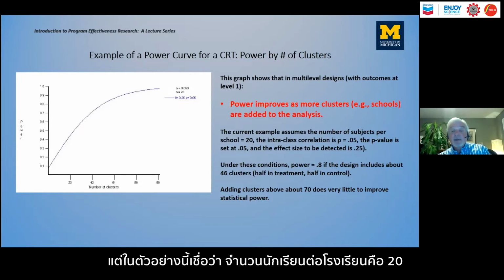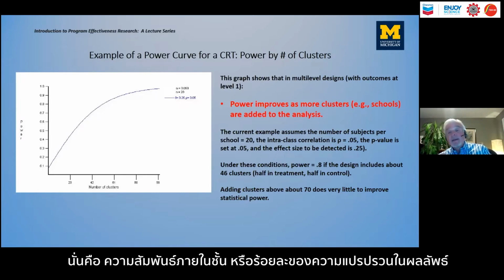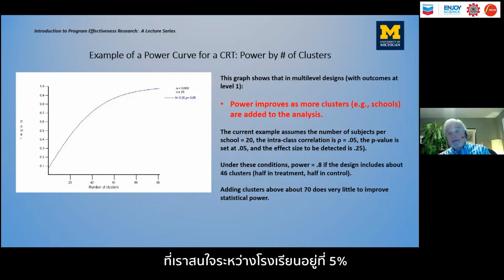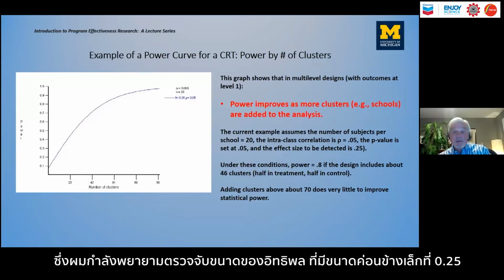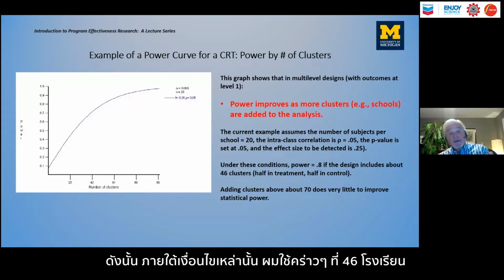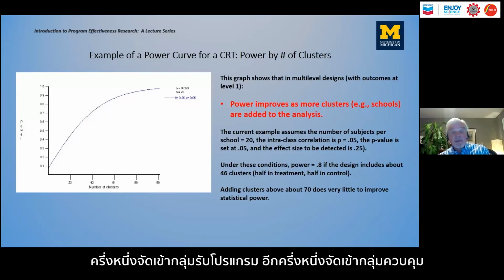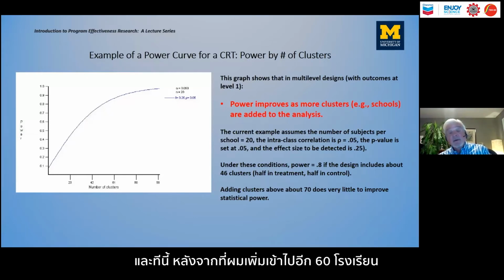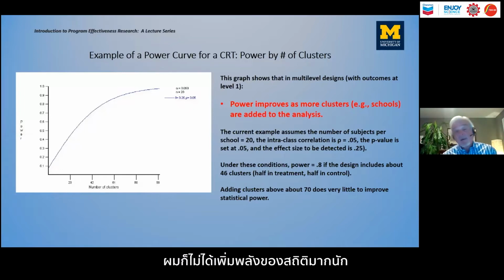But this current example assumes that the number of subjects per school is 20, that the intra-class correlation, or the percentage of variance in the outcome of interest that lies among schools, is 5%, that I'm trying to detect a pretty small effect size of 0.25, and my alpha is going to be 0.05. So under those conditions, it takes me roughly 46 schools, half assigned to treatment, half assigned to control. And note also that after I add about 60 schools, I'm not really improving power.